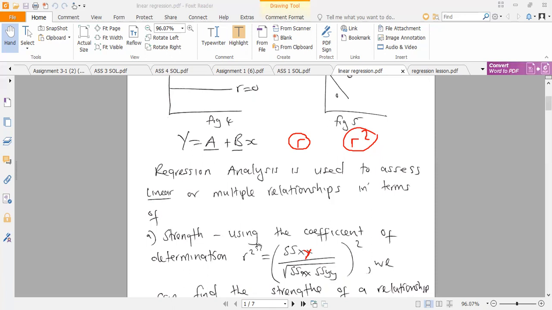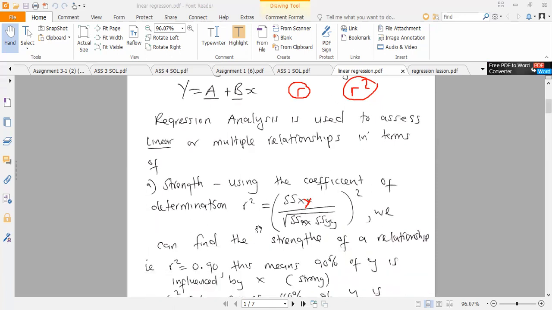If R squared is 0.9, it means 90%. It means 90% of y is influenced by x.